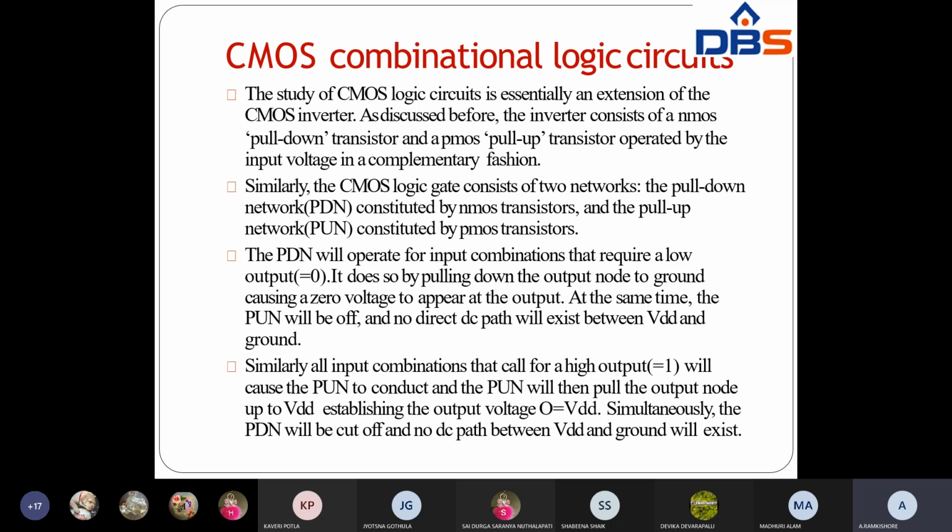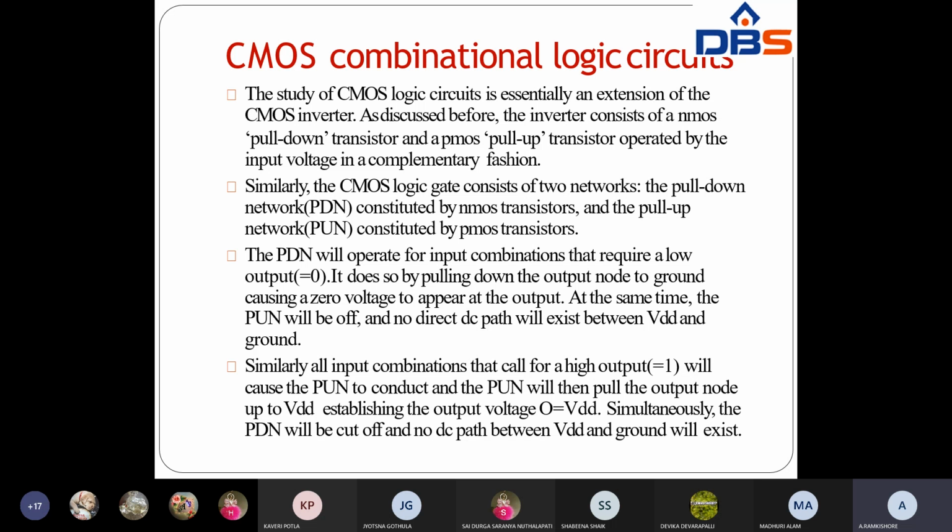Whatever we discussed about CMOS technology up to now, the same information and operation will be used to implement and design different types of combinational logic circuits.